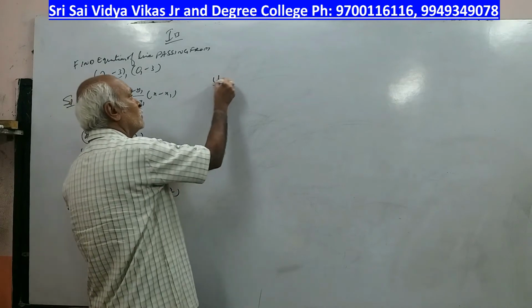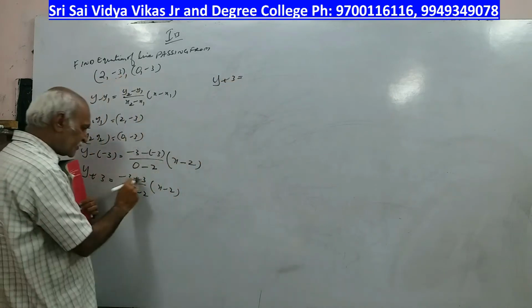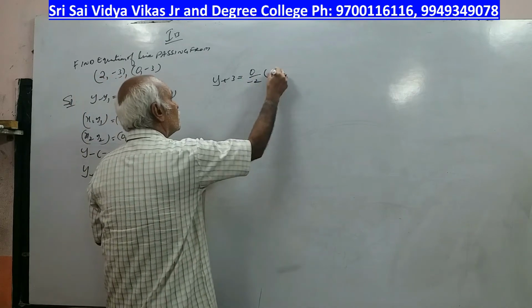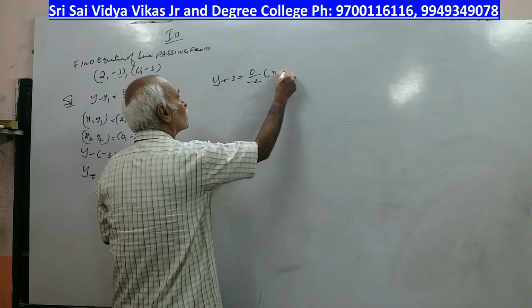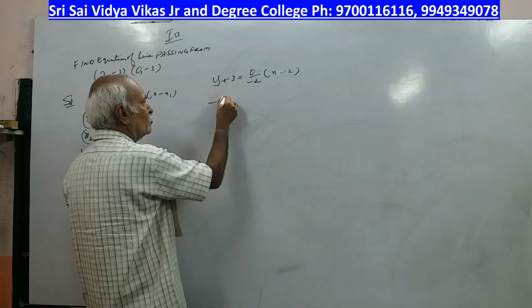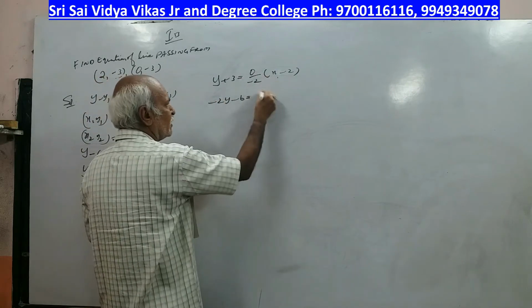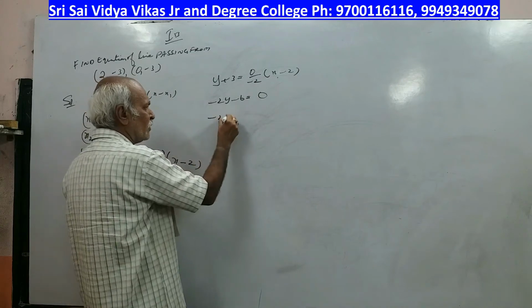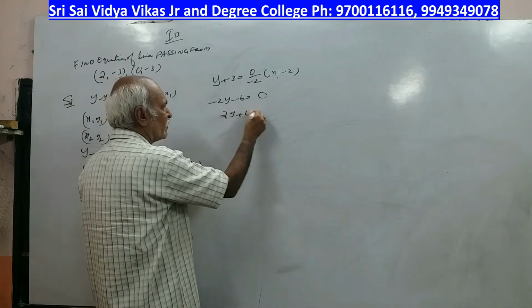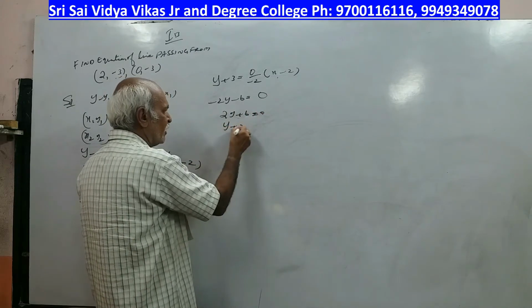So y plus 3, minus 3 plus 3 is 0, 0 by minus 2, x minus 2. Cross multiply, minus 2y minus 6, 0 into anything, 0. So minus 2y, remove the minus sign, 2y plus 6 is equal to 0, or y plus 3 is equal to 0.